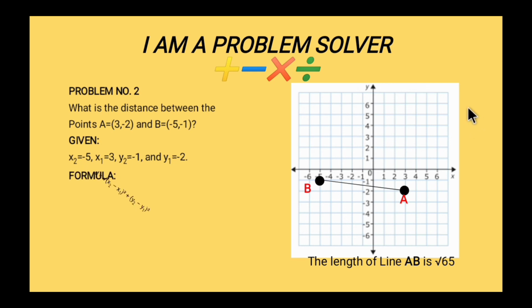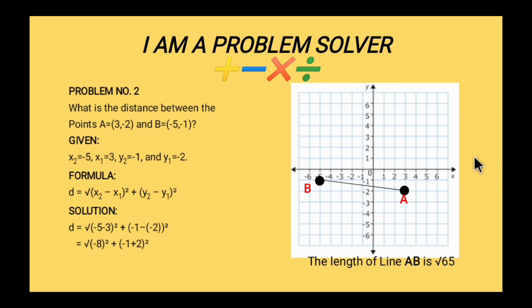So we have the formula of the distance. Yan, ulit yung formula natin. So, the solution, ayan lang din. So, the square root of the square of negative 5 minus 3 plus negative 1 minus negative 2 raised all to the squared power. So, ayan, we have negative 5 minus 3.